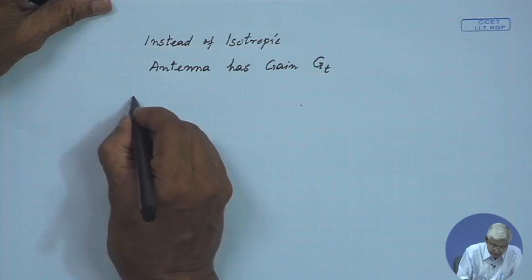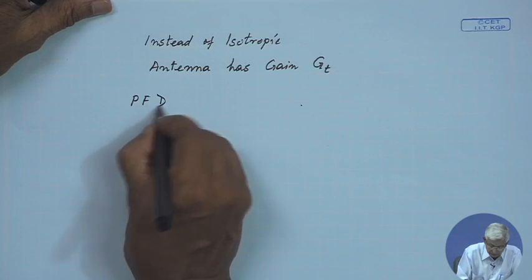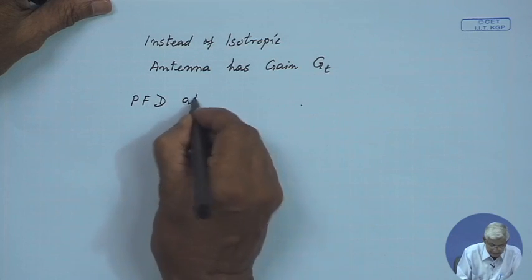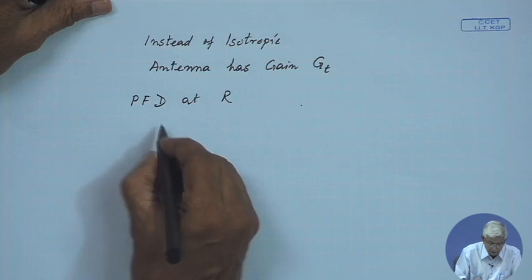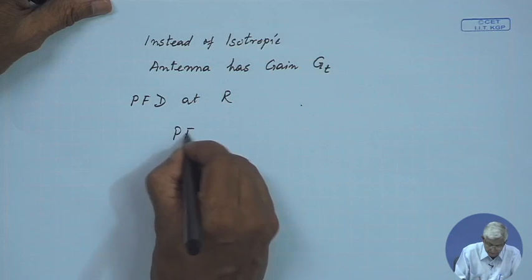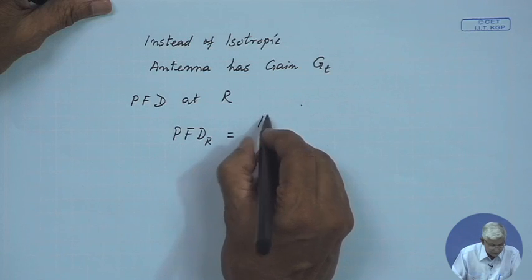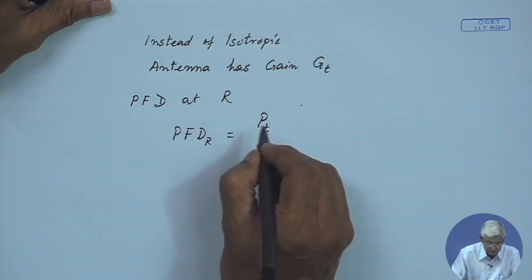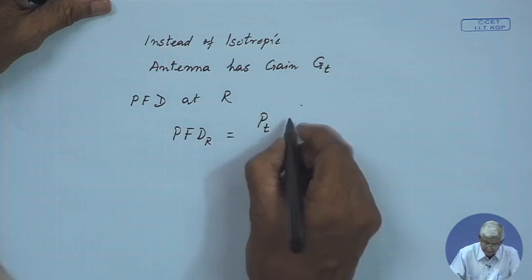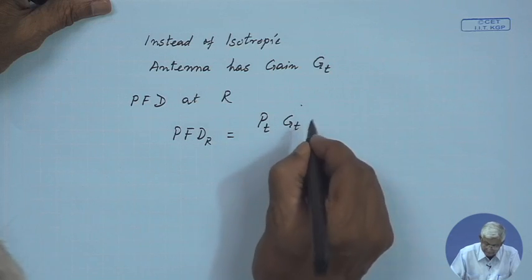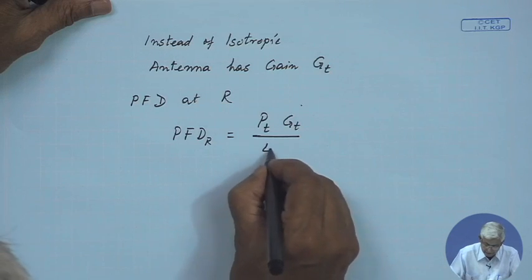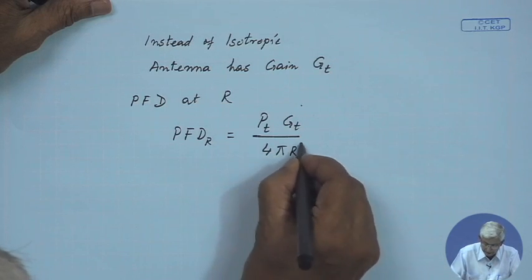So, PFD, that is power flux density at R, will be PT, which is the power which is radiating, into GT by 4 pi R square.